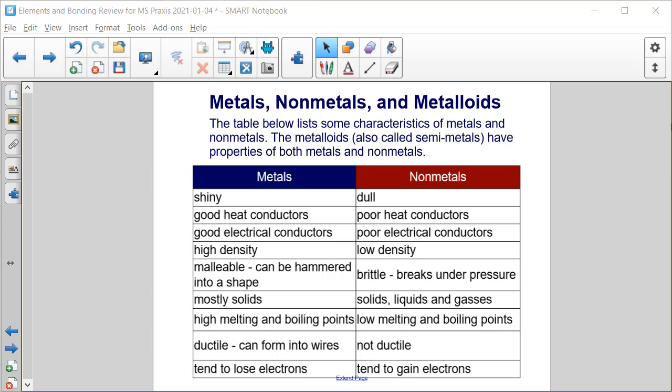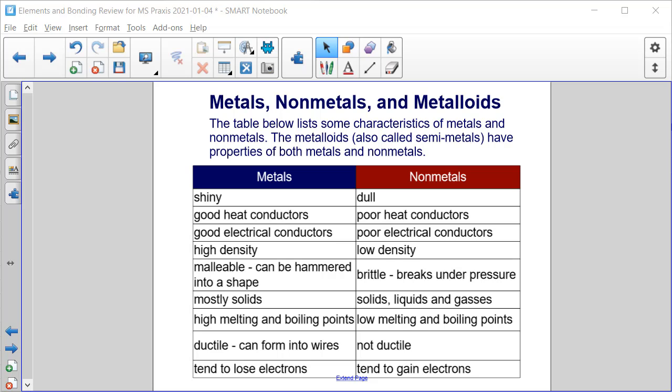There are some general characteristics that help us to identify something as either a metal or a nonmetal. And as I mentioned on the previous slide, metalloids can have properties of both. So metals are often shiny, whereas nonmetals are dull. Metals are good conductors of heat and electricity, whereas nonmetals are not.